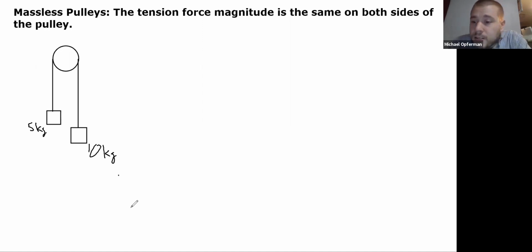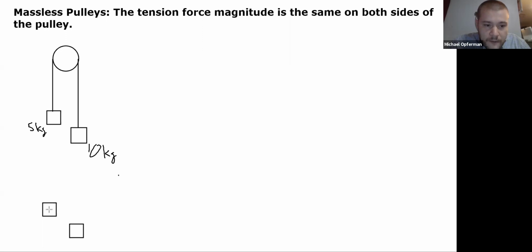So, step one, as always, free body diagram. I think I'm going to draw my free body diagrams off to the side because I don't want them to get too cluttered up with the drawing. So let me redraw my two blocks down here where I have a little bit more space and draw the forces in down there.